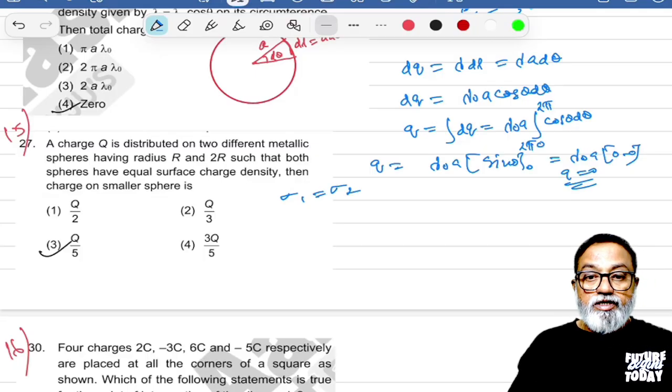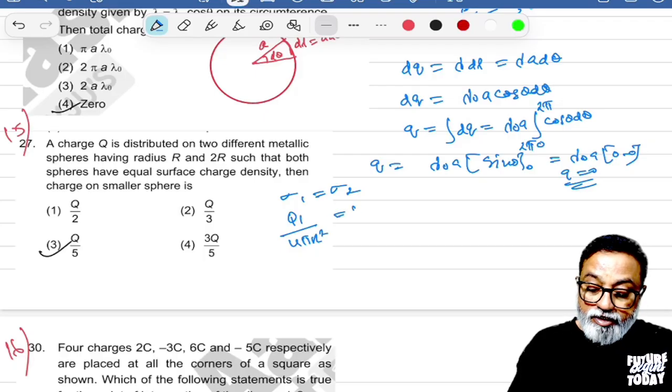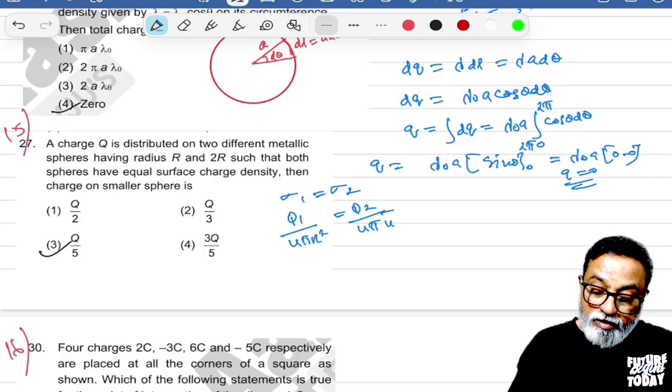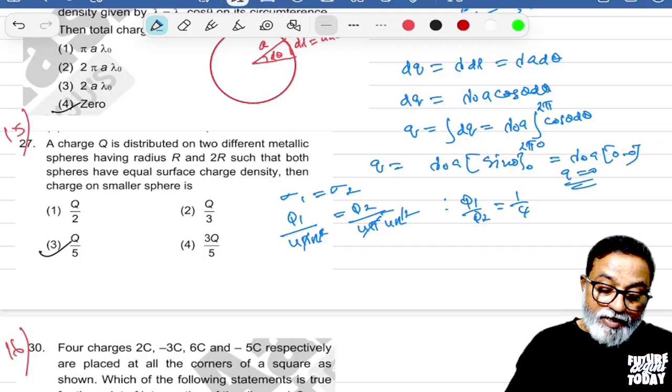Charge density means charge by area, that is Q1 by 4 pi r square equals Q2 by 4 pi into 2r whole square, 4r square. So 4 pi r square cancels. Then Q1 by Q2 is equal to 1 by 4. Then I have to find the charge on the smaller sphere, that is Q1.